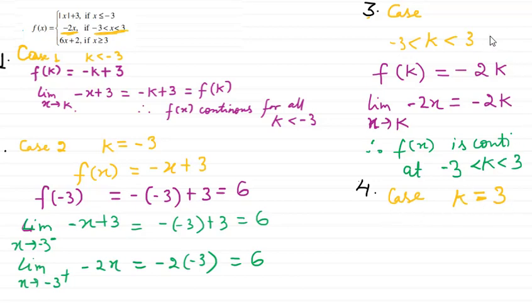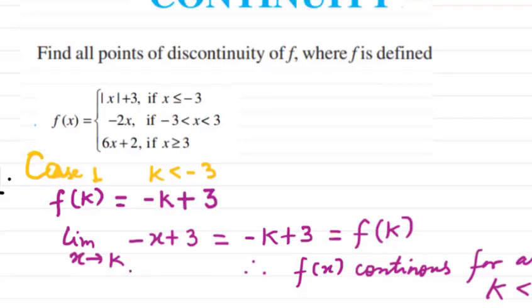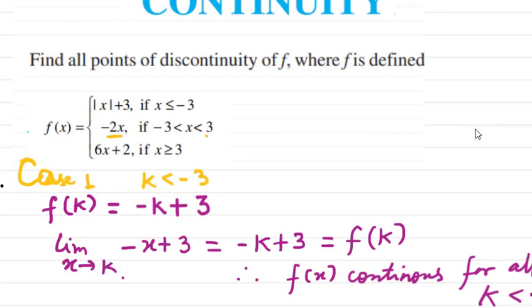Now let's see the fourth case. In the fourth case we have k equals 3. First one is this function, okay, when k is a little bit less than 3. In that case, for the left hand limit this function will be valid, and for the right hand limit this function will be valid, okay. And for k equals exactly 3, only this function is valid.